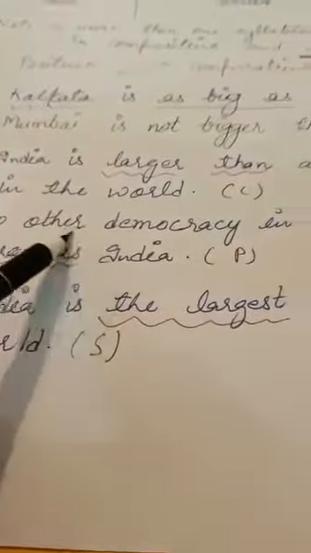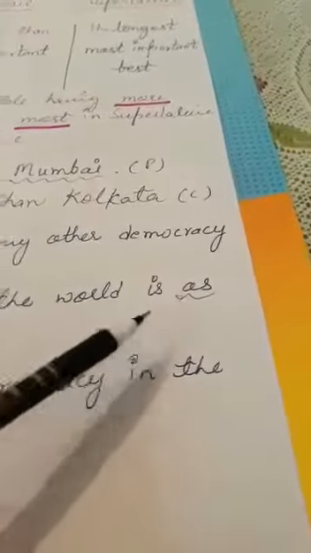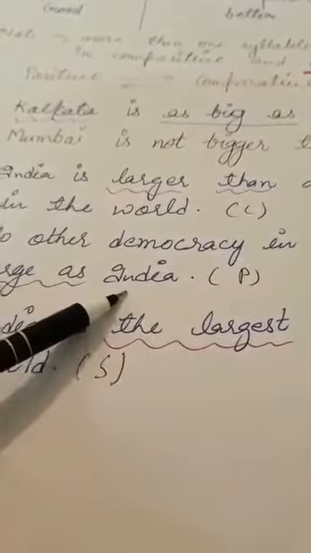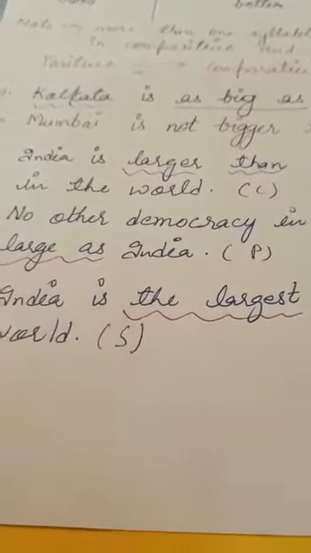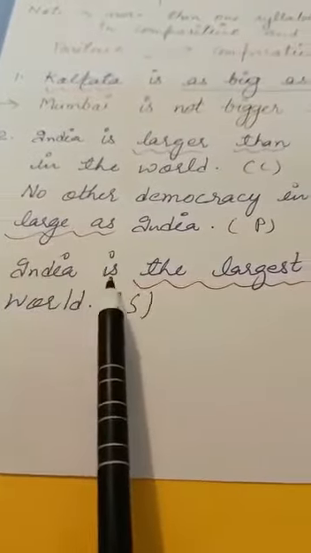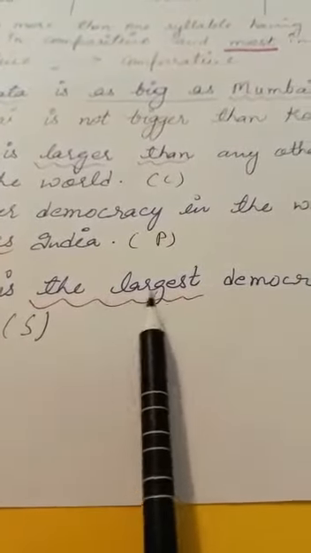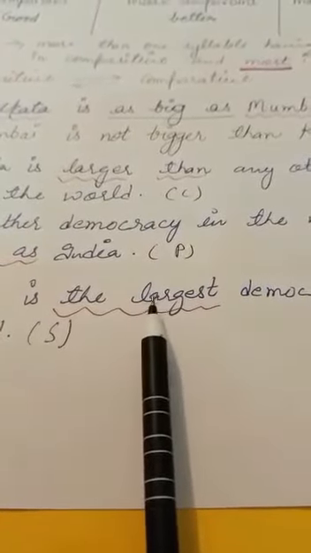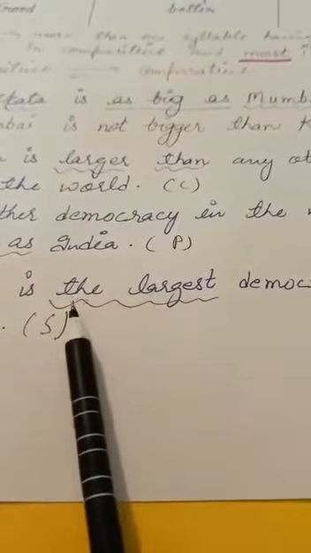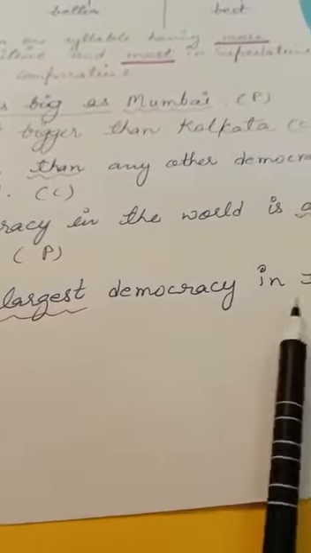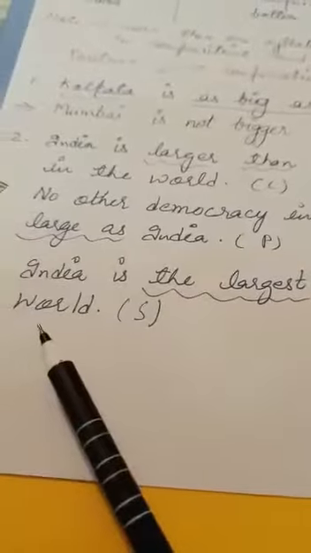Have you seen? So this is positive. Now even we can make superlative of the same. Now first was large in positive, larger in comparative and the largest in superlative. India is the largest democracy in the world.